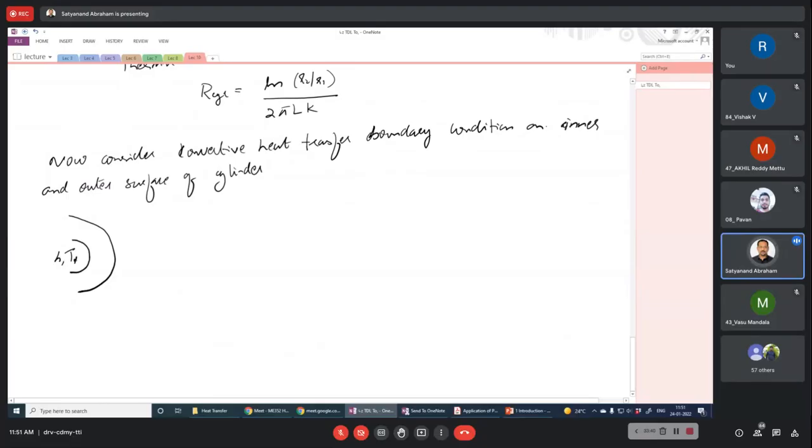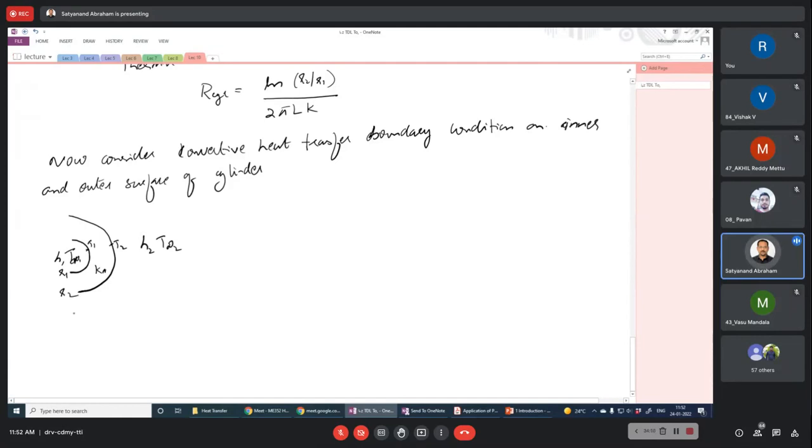So inside we have H1, T infinity 1, and outside it is going to be H2, T infinity 2. Okay. So that's what we know. We are assuming that surface temperatures are T1 and T2, which are unknown. The only thing we know is K, and the radii are going to be R1 and R2.